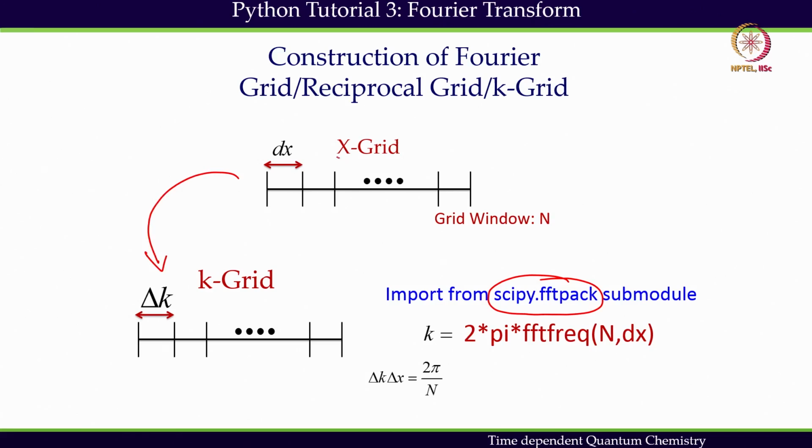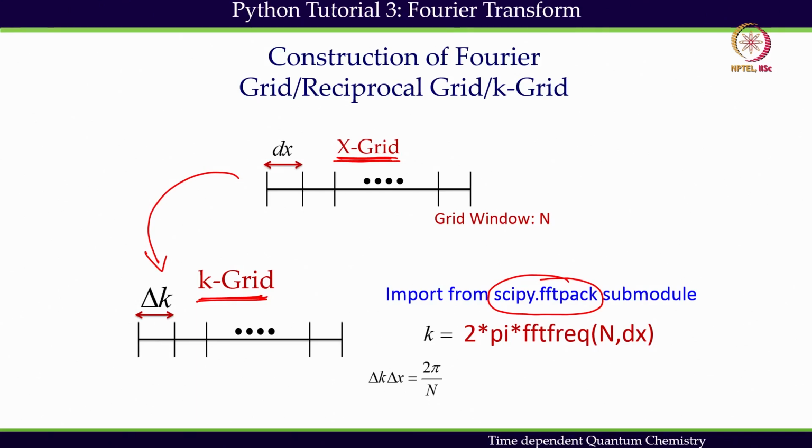So, we are just simply converting the X grid to K grid. We haven't converted the function yet. Function has not been converted. It is just the grid point has been converted. Then function will be represented on those grid points with the help of a certain procedure.